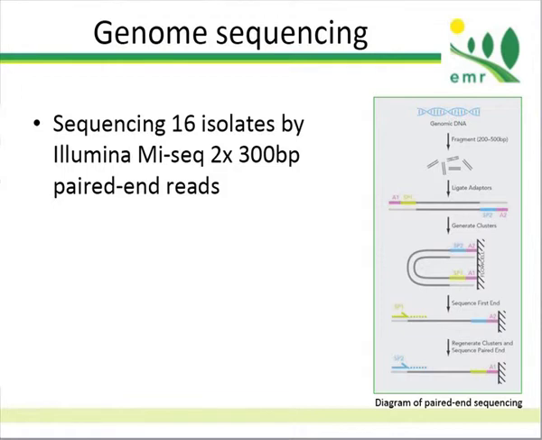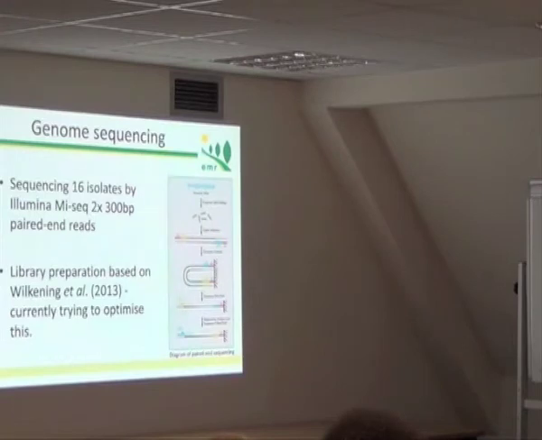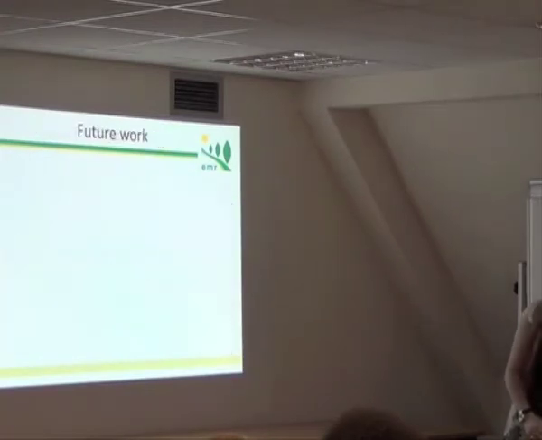You then ligate adapters onto the end, and then you put it into the Illumina machine, and you get a sequencing read of 300 one way, 300 the other way, and you get 600 base pair reads which you assemble into a genome. So currently I am optimising a library preparation method, which is these steps here, based on an inexpensive protocol produced by Wilkening et al. in 2013.